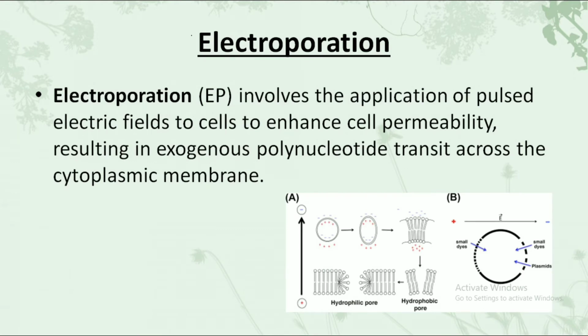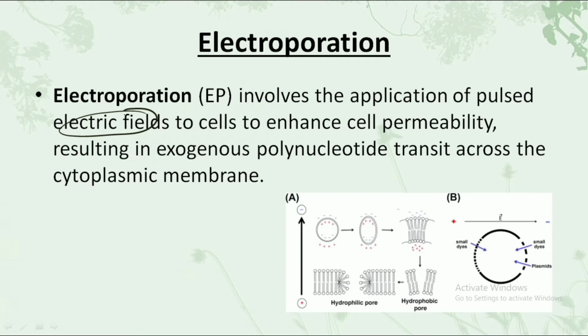The next one is the electroporation. Electroporation, which is abbreviated as EP, involves the application of pulsed electric fields to the cells to enhance the cell permeability, resulting in exogenous polynucleotide transit across the cytoplasmic membrane. So in this, we are using the electric fields to enhance the cell permeability, and as a result of electroporation, the foreign DNA that we want to inject goes into the cytoplasmic membrane.